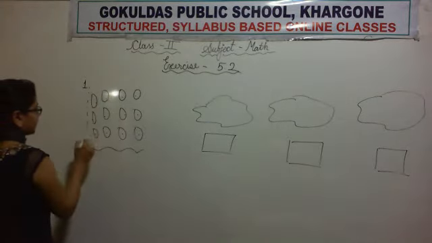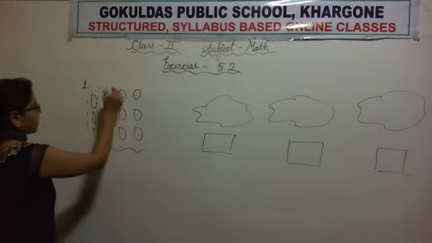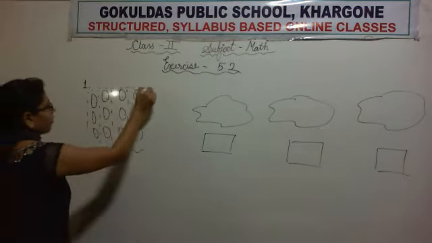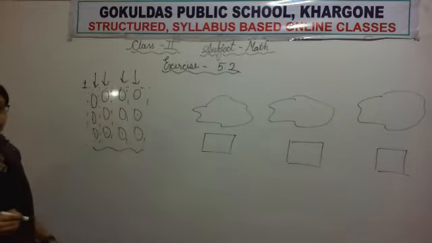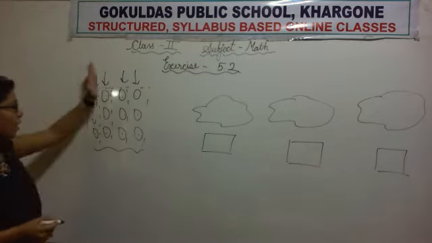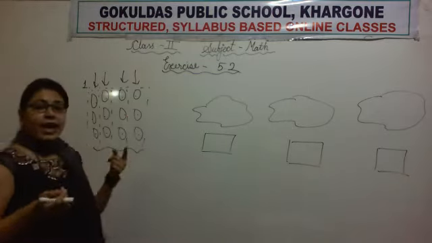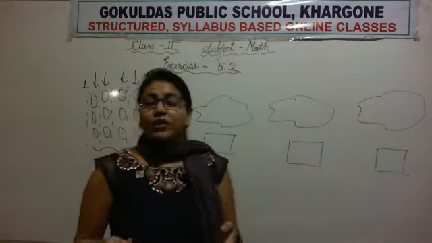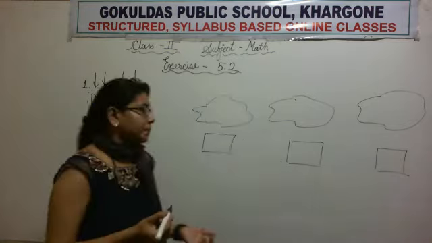If we consider vertical groups, let's see how many groups can be made. Then 1, 2, 3 and 4. Rather than counting 1, 1, 1, 1, we can work smartly.